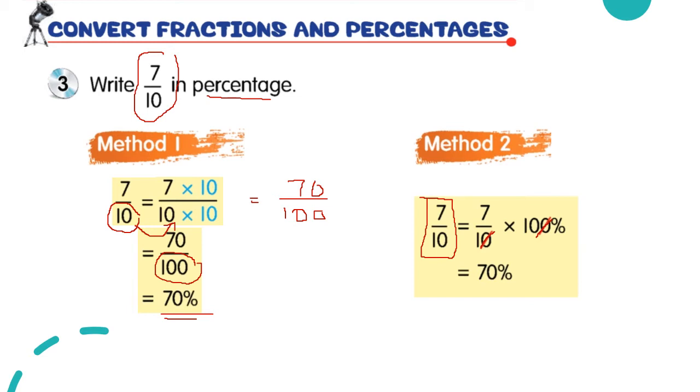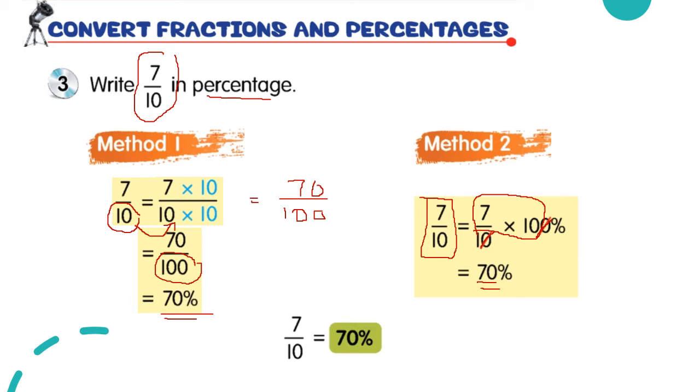Because it is already over 1, you just do 7 times 10, which is 70. So the answer is 70%. It means 7 over 10 is equal to 70%.